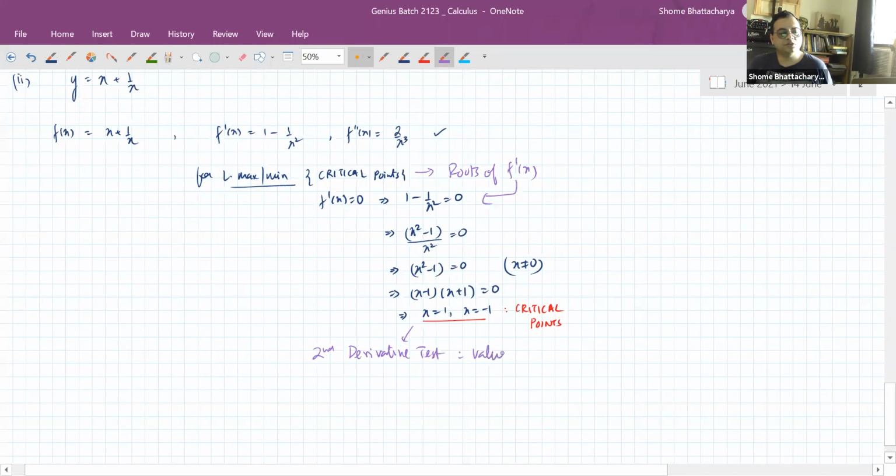That is, the values of f double prime at each critical point. So let's start with x equal to 1. F double prime at x equal to 1 is the value of this function. So it's 2, which is positive.